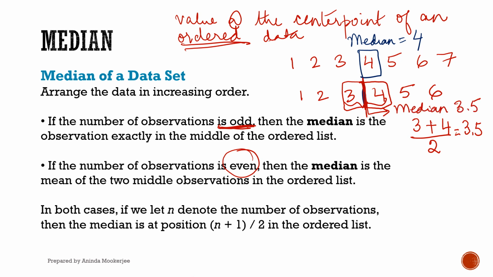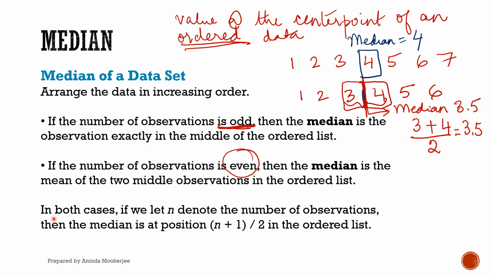So again, keep in mind, if your number of observations is odd, then the median will be a value within your list, the center value within your list. If the number of observations is even, then it won't be a value in your list, but it will be between 2 values in your list, and you will need to find the average of the 2 numbers around that position where the median would be located, and that would be the value of the median.